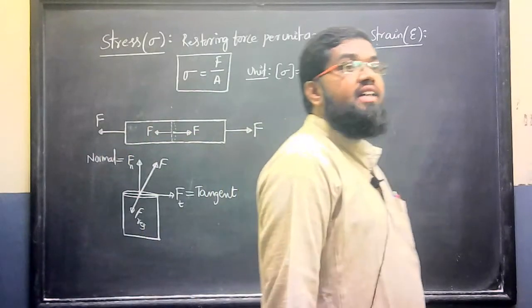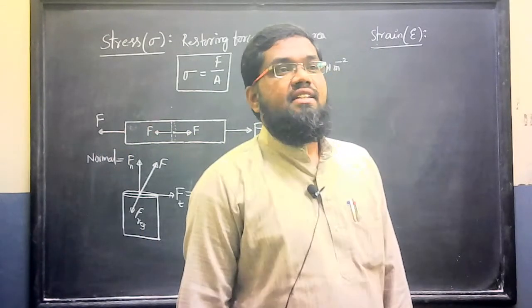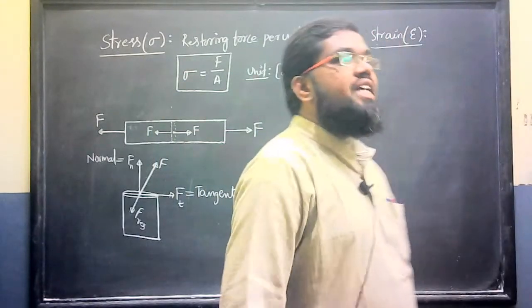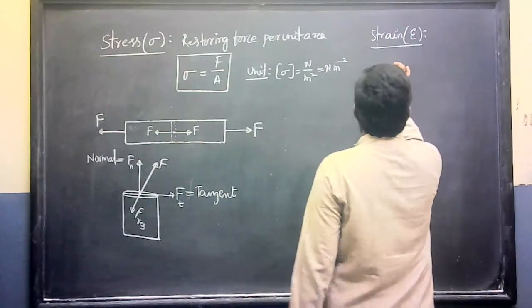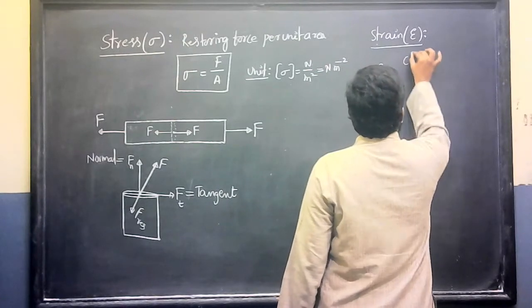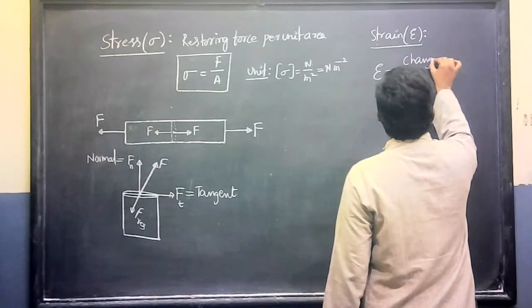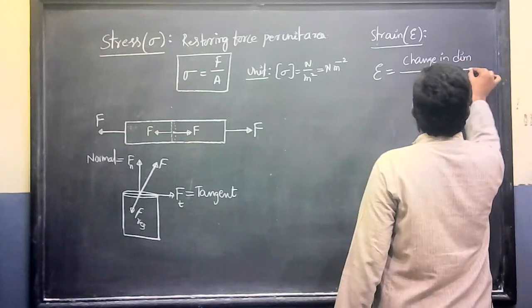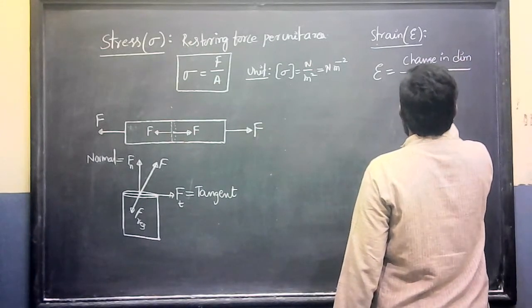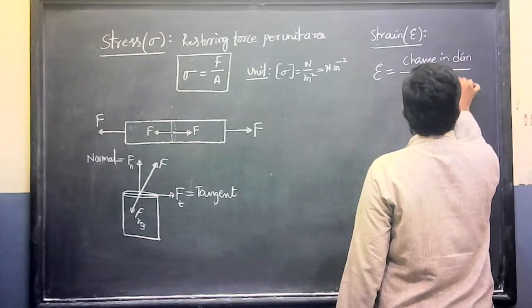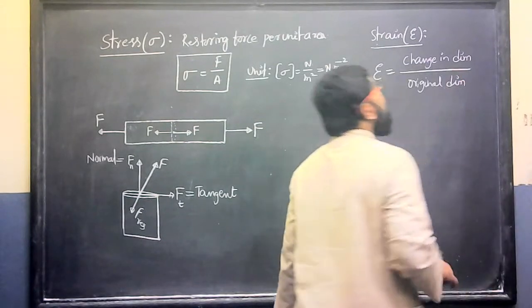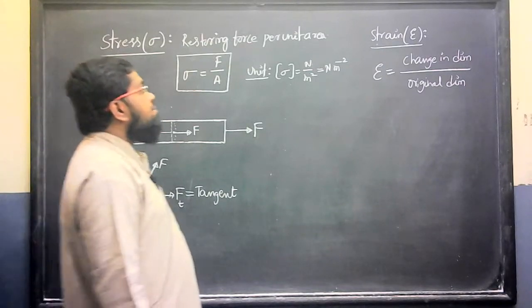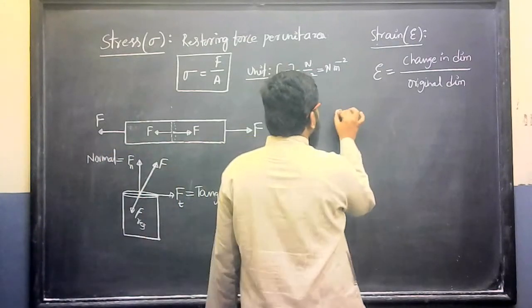Strain is defined as change in dimension divided by original dimension. Change divided by original dimension. For example, I'll take like this.